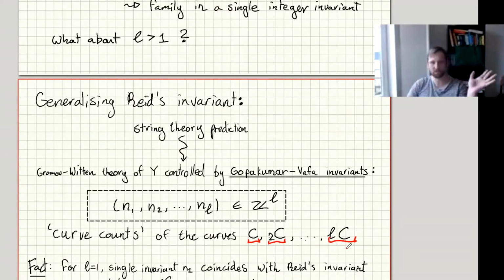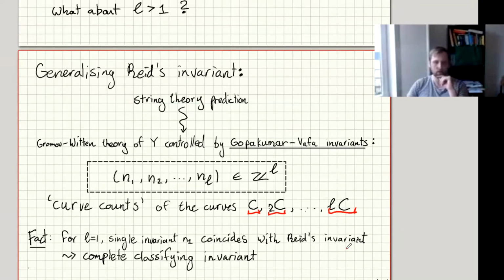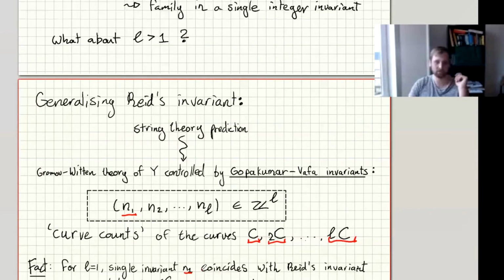There's a formal way to define them, but I won't do that here. Right, and as I mentioned, this is a generalization of what Reid did, because in the length 1 case, you just have a single invariant, and that's just the one we use to classify this family.